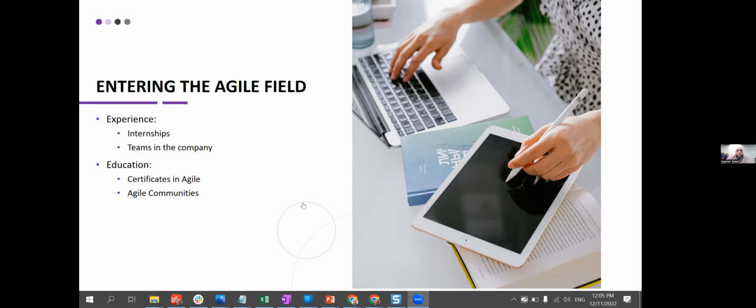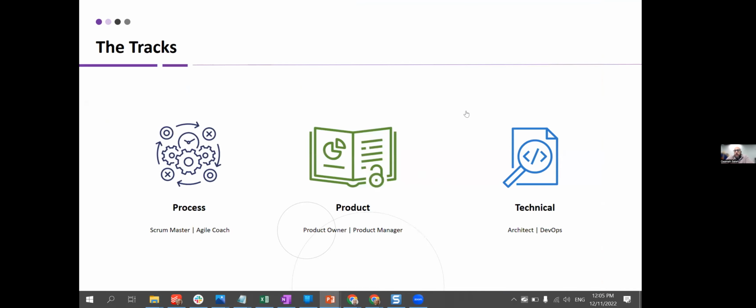But we're going to be discussing the certificates because that's the big one. It gives you credentials, it gives you a lot of exposure. You also start to build some network with the instructor who comes from the Agile world and the people coming in, and you can take that journey together.